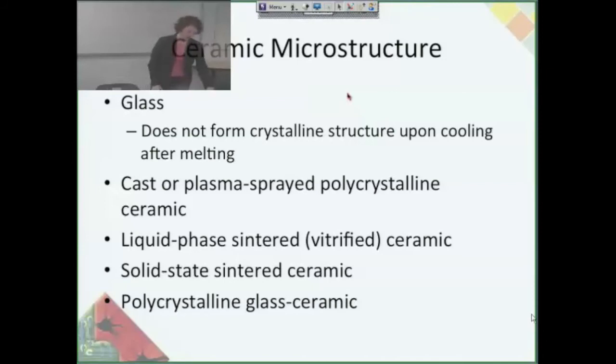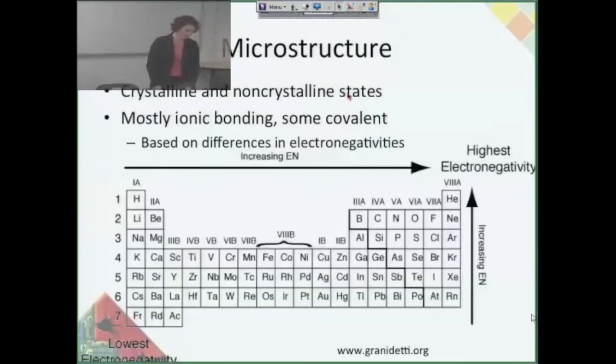So their microstructure is a lot more complex than metals. Their microstructure is mostly ionic bonding based on the differences in electronegativities of their metallic ions and the other ion they're with, whether it's a phosphate ion or an oxygen ion. And so you can predict how ionic the structure is based on how far apart they are on the electronegativity table. That changes their microstructure, which is going to change their properties, so that might be a way to control the properties.